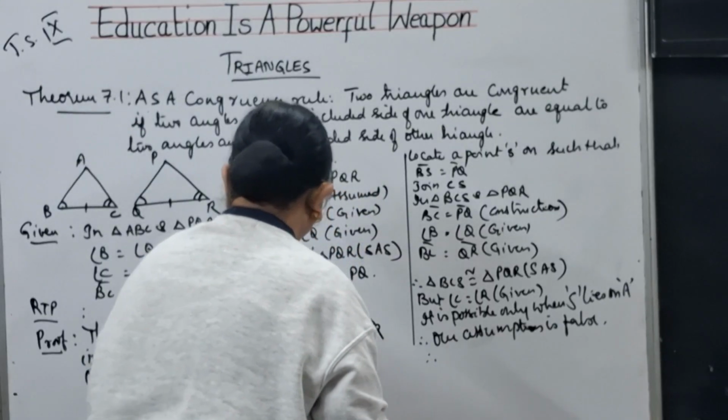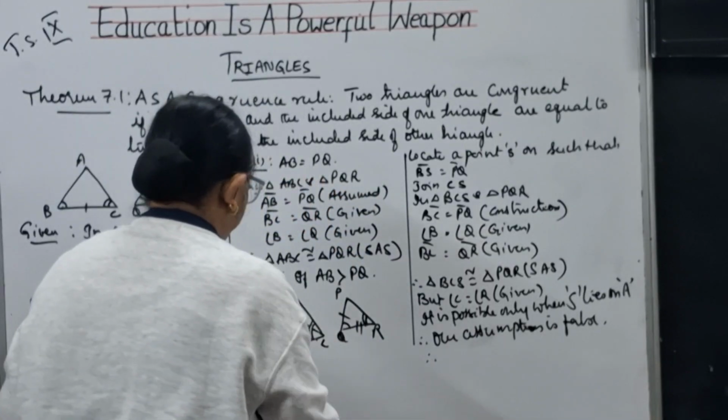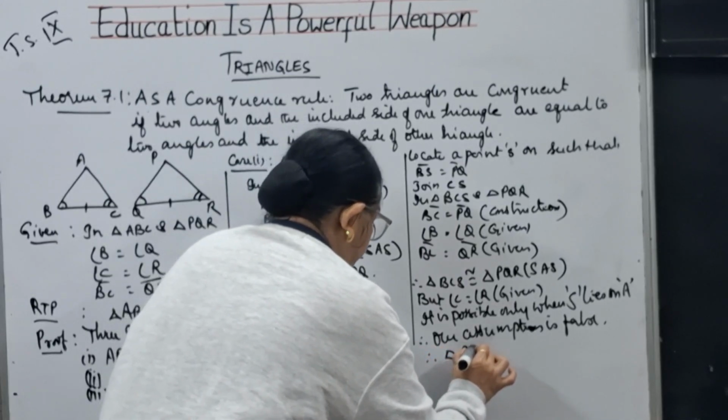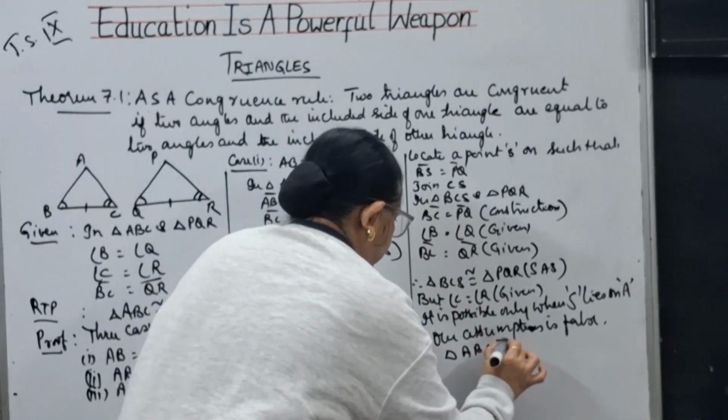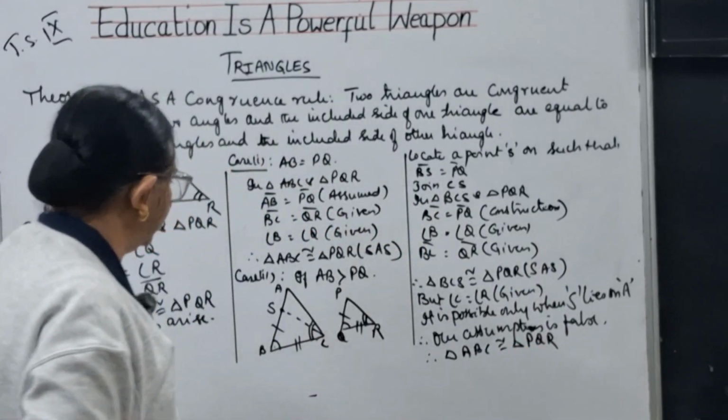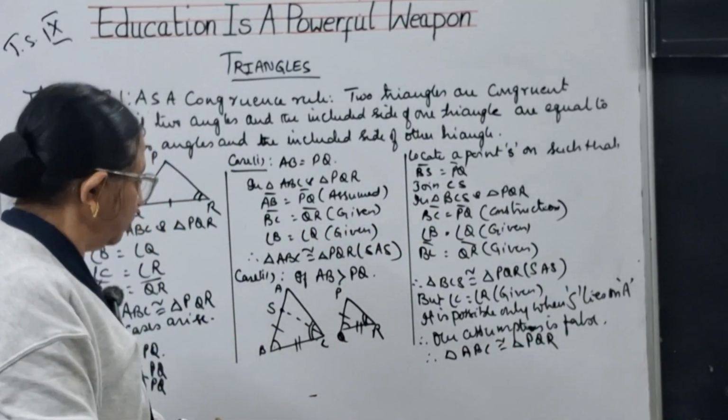Our assumption is false means triangle ABC is congruent to triangle PQR, because we cannot say that S is possible.